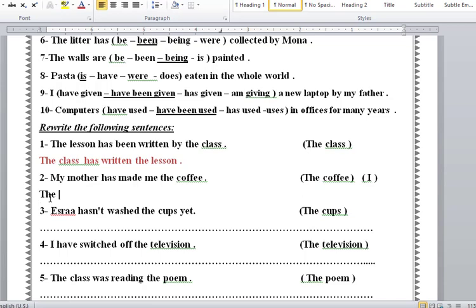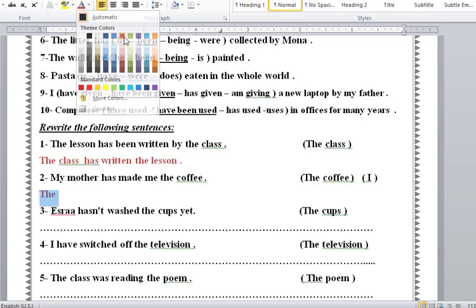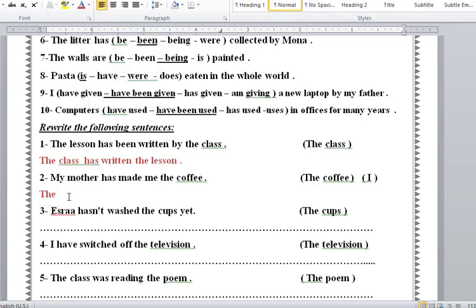The, okay, I want the red one. Coffee. Has or have? Sure, it will be has, as the coffee is singular. Has been made. This is a form of the present perfect passive. Has been plus PP.